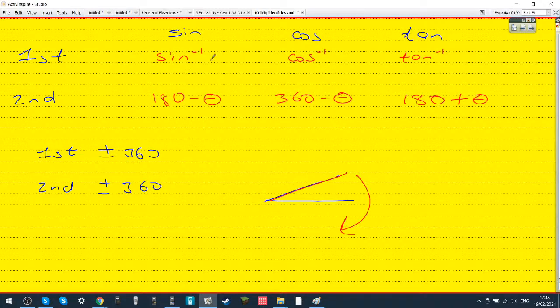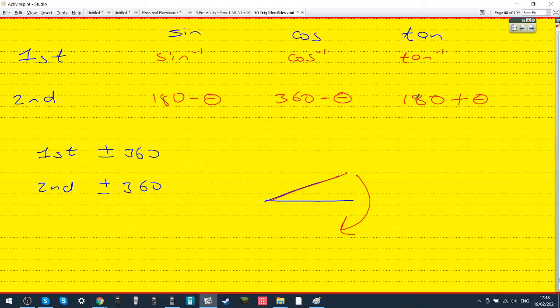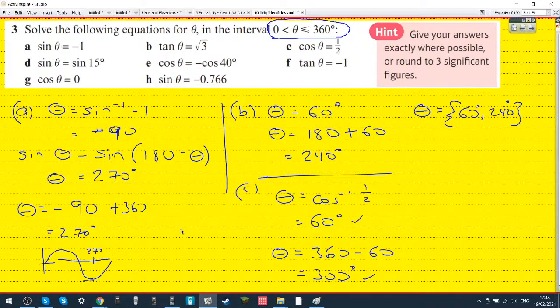So inverse sine, cos, or tan. Then you have the second solution, which is the difficult bit to remember: 180 minus, 360 minus, 180 plus. And then any of those solutions plus or minus 360 will get you additional solutions.